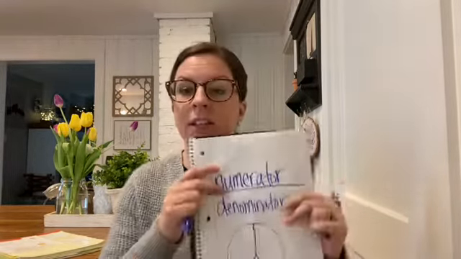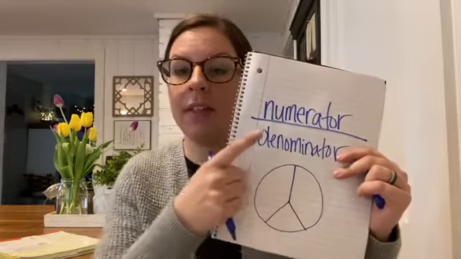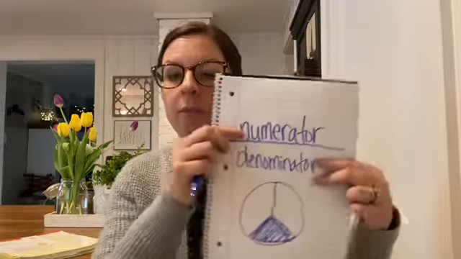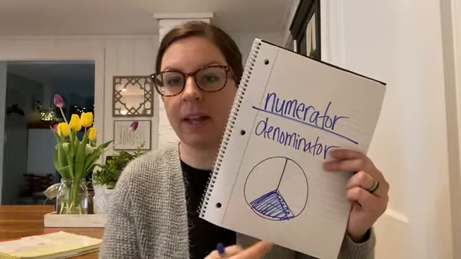What does that mean? Okay, so let's say I have a pie, a pizza pie. And I cut it into 3 pieces. Okay, the denominator would be 3. Let's say I eat one of those pieces. Okay, that would be the numerator.